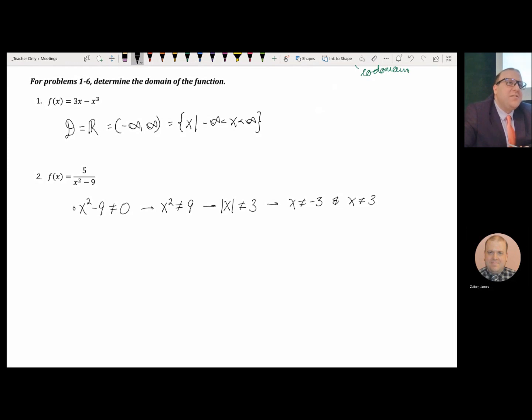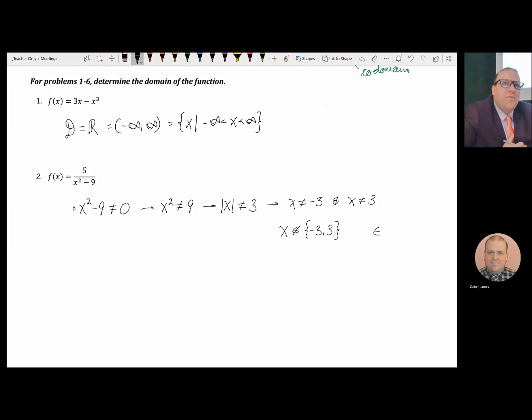If you really want to be fancy, x cannot be in the set of negative 3 and positive 3. The symbol is an E for element with a slash through it, and the slash just means not.